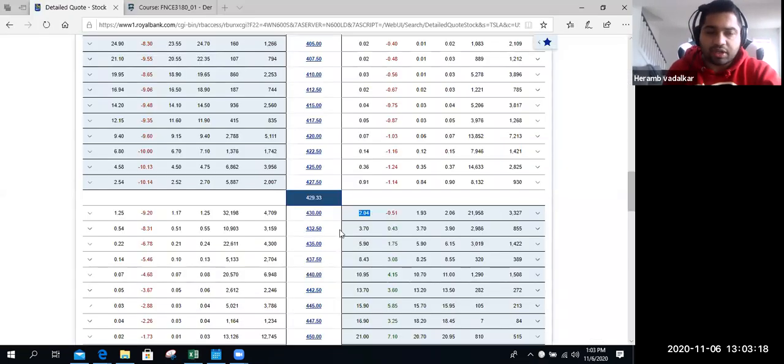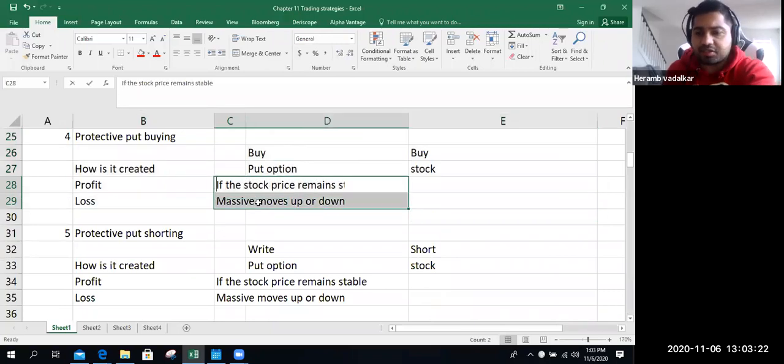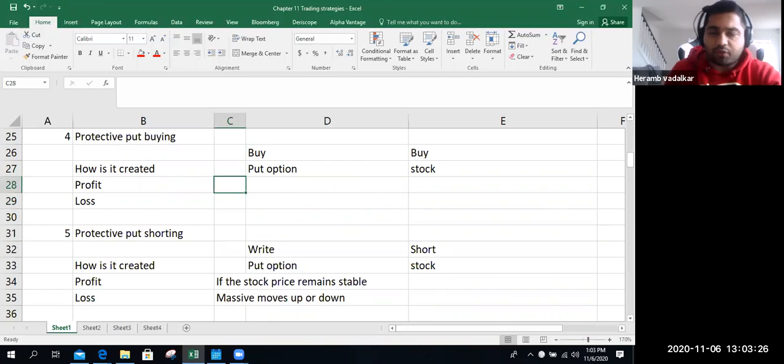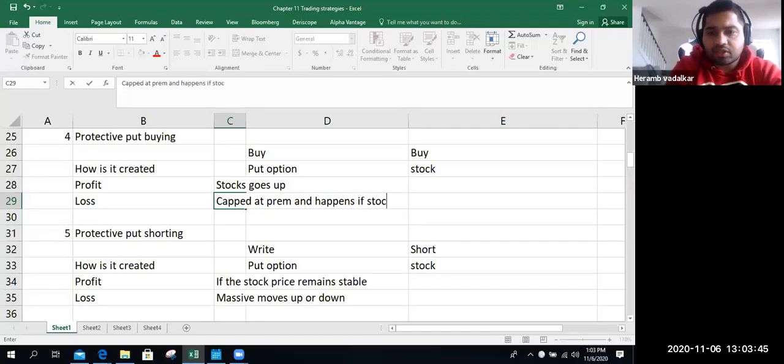Okay. So what is a protective put? A protective put is a strategy where profits happen when the stock goes up. The loss is capped at the premium, $2, and happens if the stock goes down.